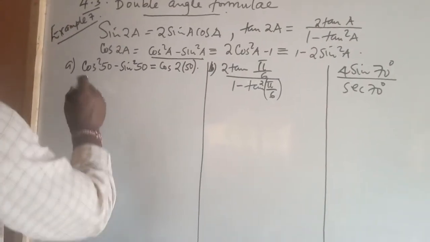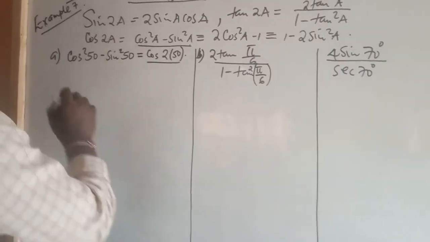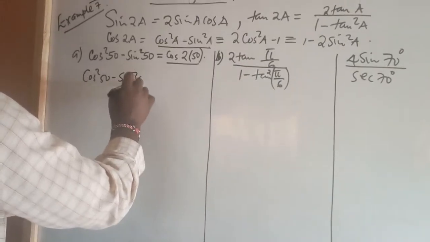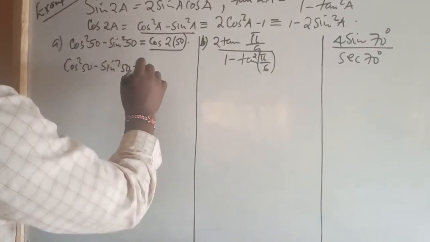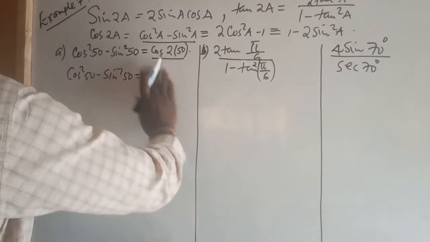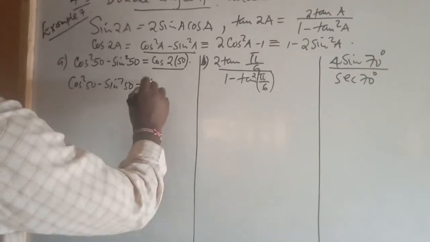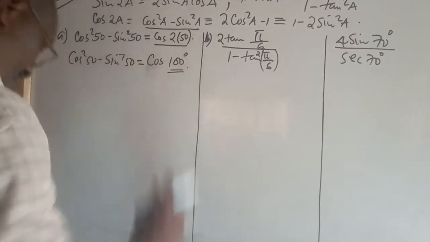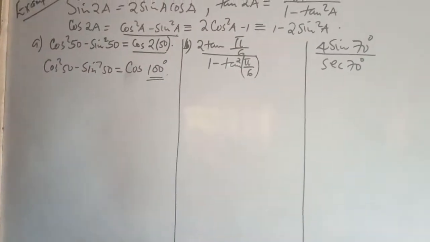So without any further ado, we know that the cosine squared of 50 minus the sine squared of 50 is easily the cosine of 2A, which is the cosine of 100 degrees. And that is just that.